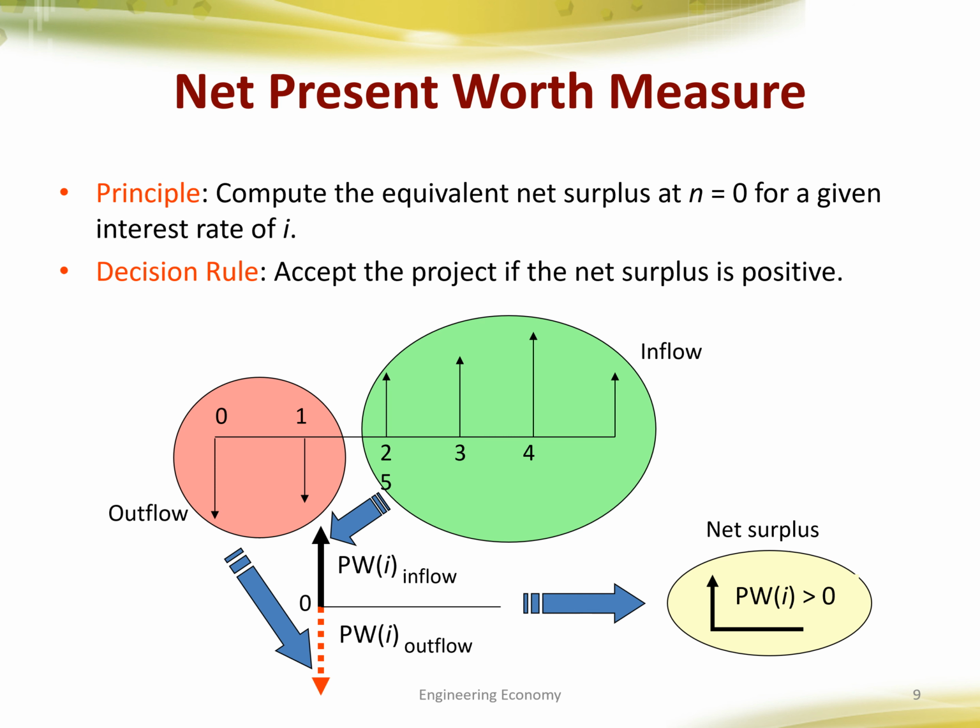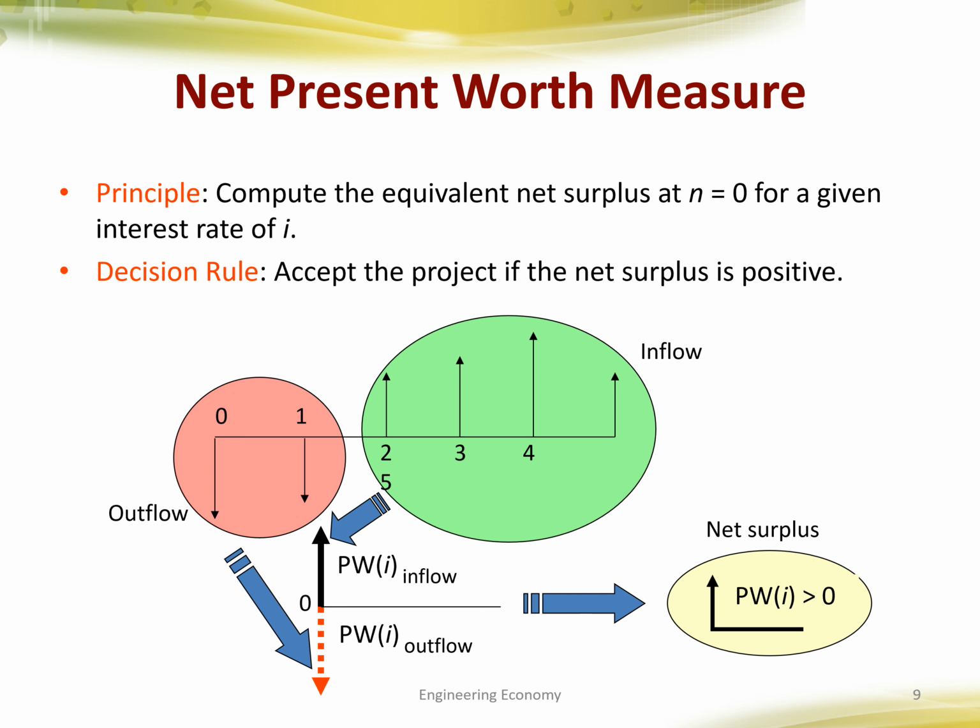Okay, so here again we have cash flow, and we can compute net cash flow. With inflow, we have outflow. We take the inflow minus the outflow in terms of quantity. Then we get net cash flow. If the present worth of the net cash flow is greater than 0, we'll accept. Otherwise, we'll reject.